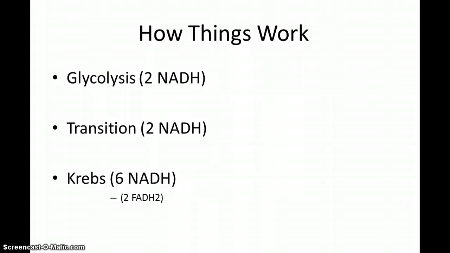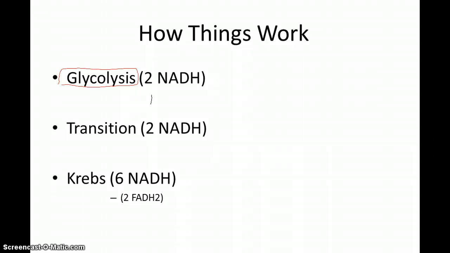So how do things work? Well, in the most efficient cells, each NADH created in glycolysis, and this is very important, produces 2 total ATP.